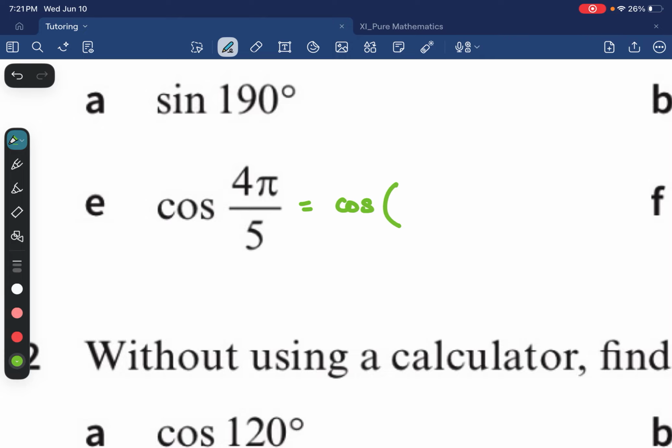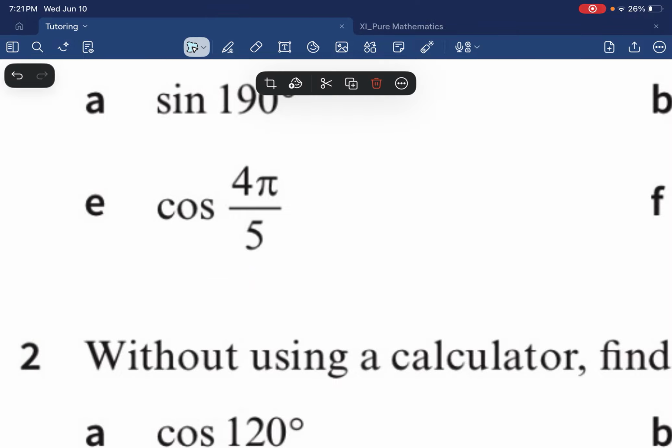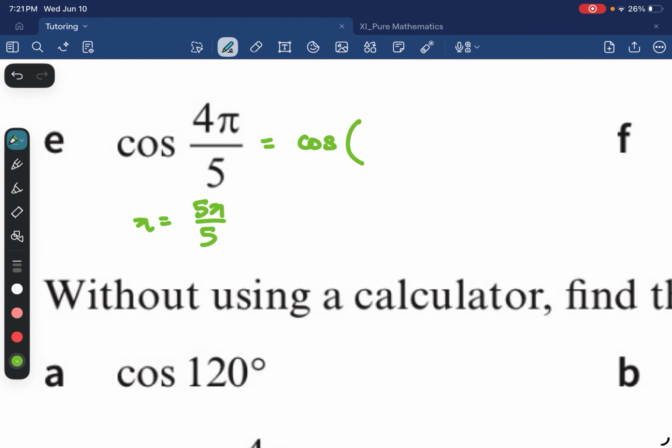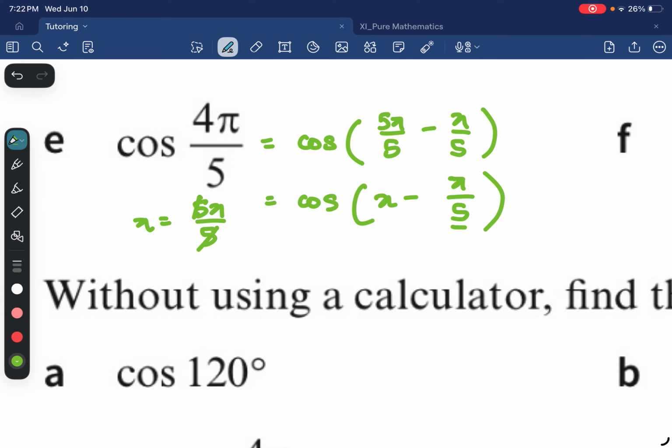Cosine 4 pi by 5, well, pi is going to be 5 pi by 5, because these 5s will cancel out. So 4 pi by 5 is just 5 pi by 5 minus pi by 5, right? And remember, 5 pi by 5 is just pi. And pi by 5 is 36 degrees. This is an acute angle.